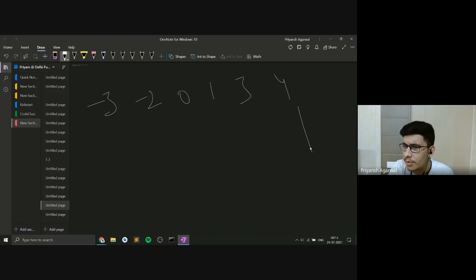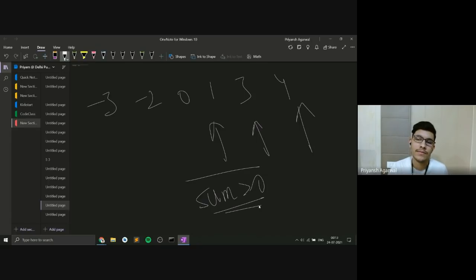Now you start picking from the very end, and you keep picking until your sum is greater than 0. If you keep picking until your sum is greater than 0, this just means that your A is occurring more number of times than all the other characters. So the maximum length that you can travel to would be your answer in that case.